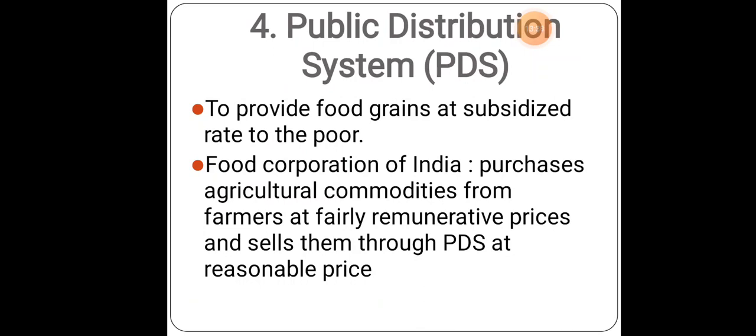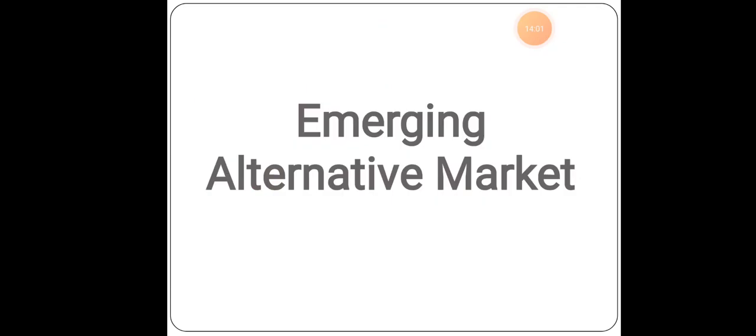Not only paddy, maybe wheat, any kind of oil, any kind of cereals, green gram, tur dal, all these things will be given to the needy or the poor people at a customized or lower rate. This is known as the public distribution system. So these are some of the measures which the government takes to control all the defective systems in the economy.